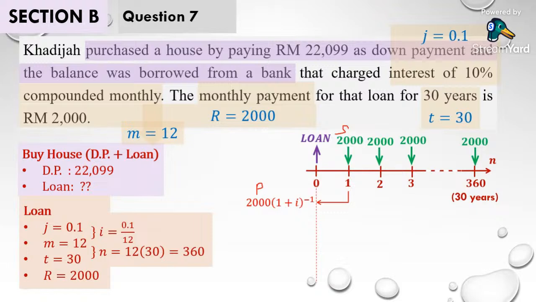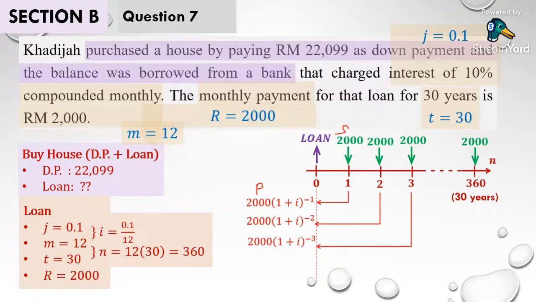After one month, it will compound to become 2,000. So now we just want to go from future value back to present value. For the second payment, the present value is 2,000 multiplied by (1 plus I) to the power of minus 2.